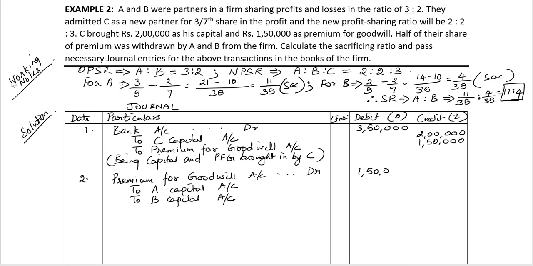1,50,000 rupees premium for goodwill, 1,50,000 in the ratio of 11:4.